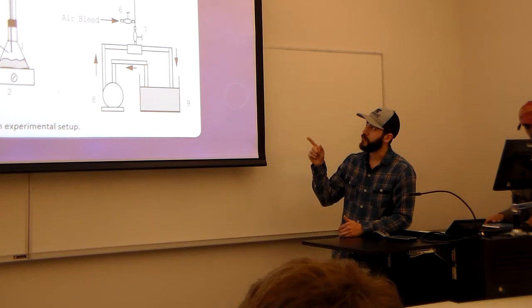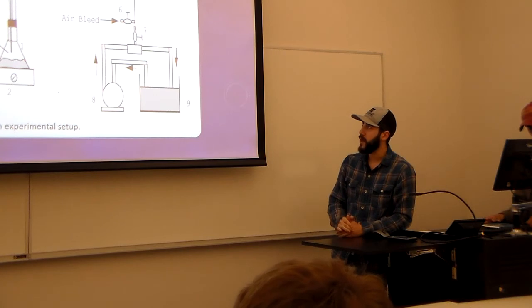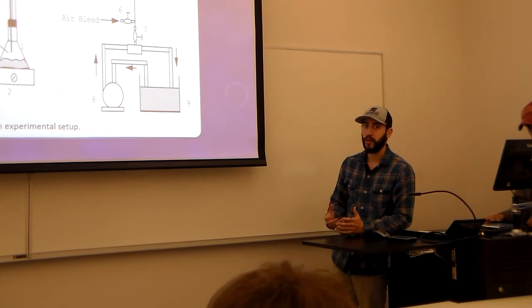At 4 we have an analog pressure transducer that runs off the PDAQ software, and at 5 a mechanical pressure gauge. At 6 you're going to see an air bleed valve, and at 7 is the vacuum control valve. Down at 8 is the centrifugal pump, and 9 is the reservoir of water.